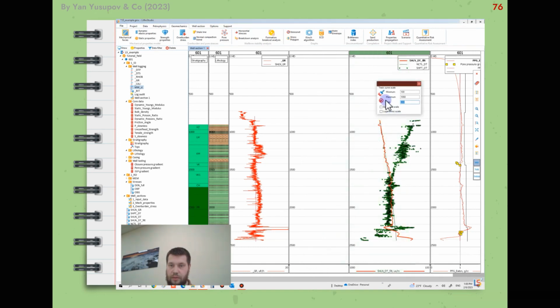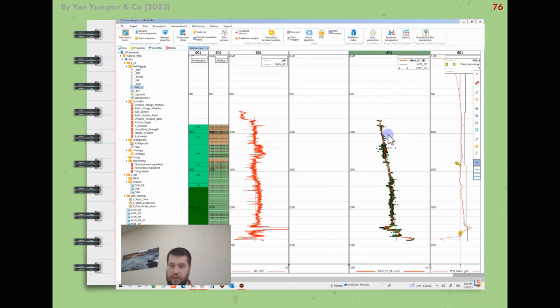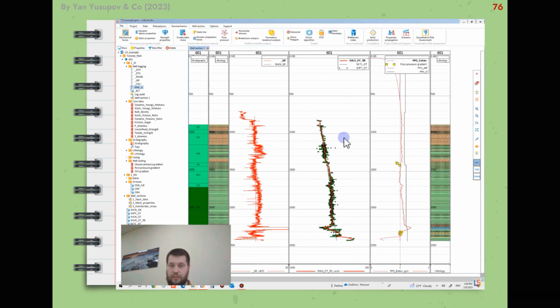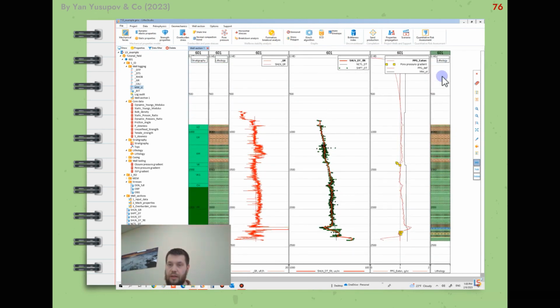Let's turn on, on this track, the backward scale and logarithmic scale. Track number 4, let's delete. Track number 5 is the calculation of pore pressure gradient and calibration on pore pressure points in permeable zones. And the final track, let's delete.